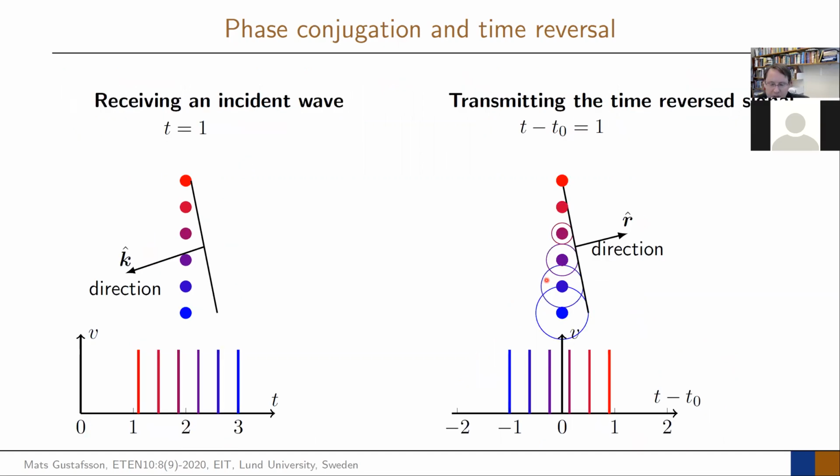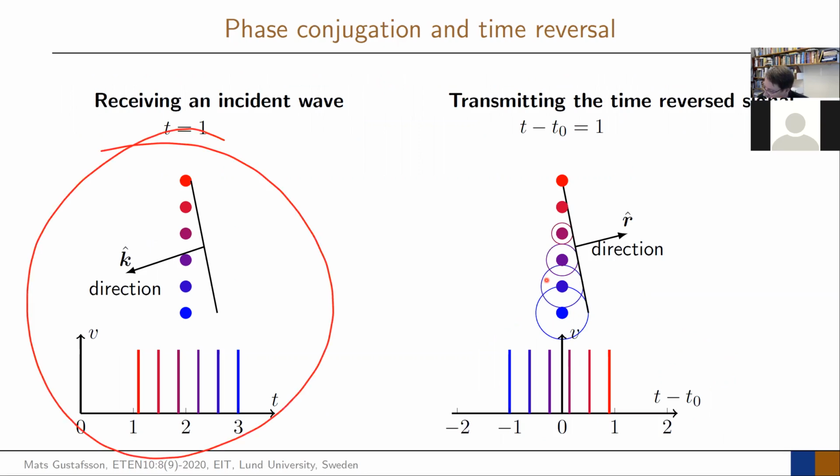So this is how I transmit it. Now you can see I flipped the direction of all of these elements. So I receive them out here. I first receive the red element, and then I send it last. So the order in the left one is red to blue. That's how I receive it.